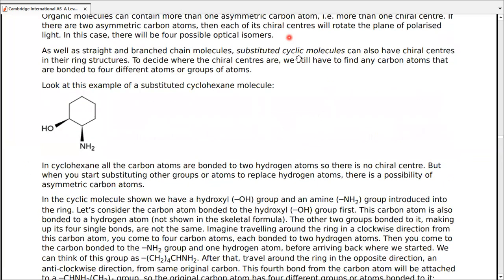Now, if this was something like this, let's say, then for this carbon atom, it would have symmetry. NH2 all the way NH2, NH2 all the way NH2. This would be symmetrical for this carbon, and this carbon would be non-chiral.